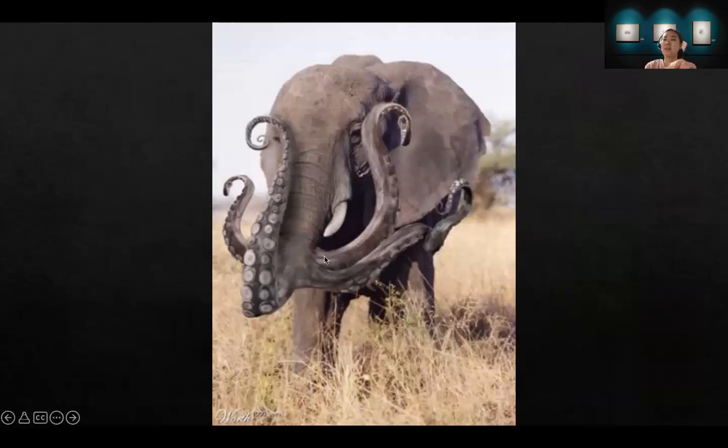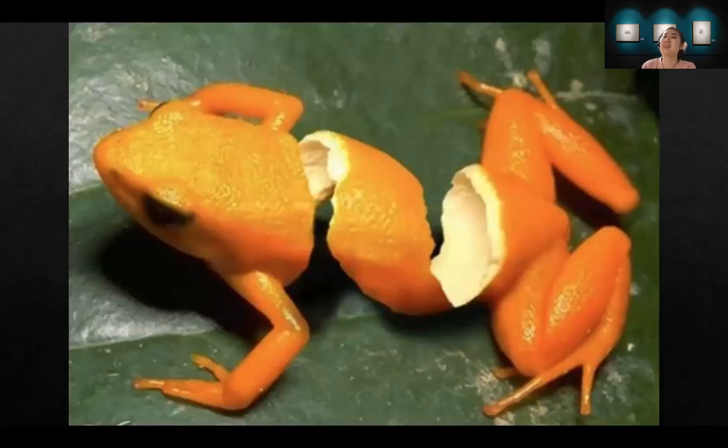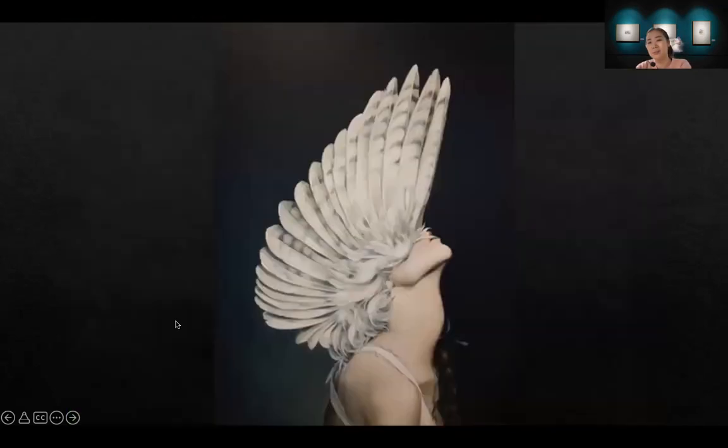It's an elephant with an octopus. Looks very creative, right? It's a frog with an orange peel. Oh, I love this. It's a beautiful lady with a bird's wing on an odd spot.